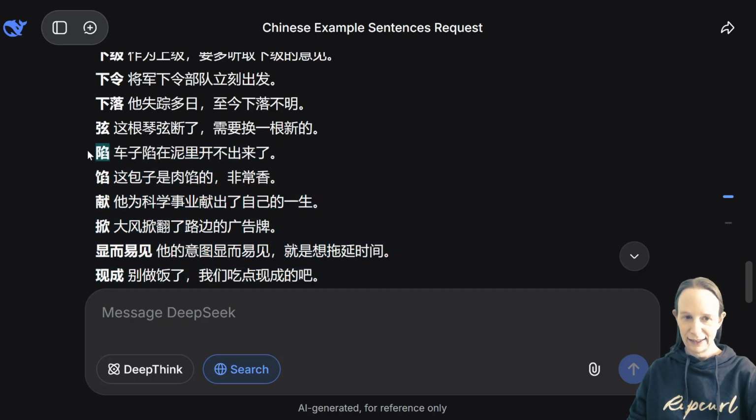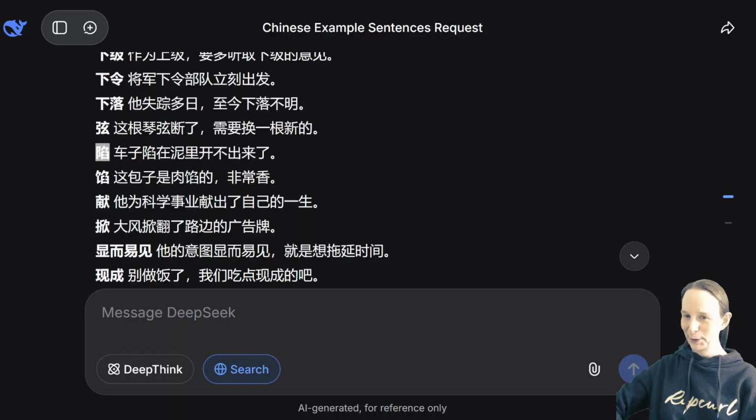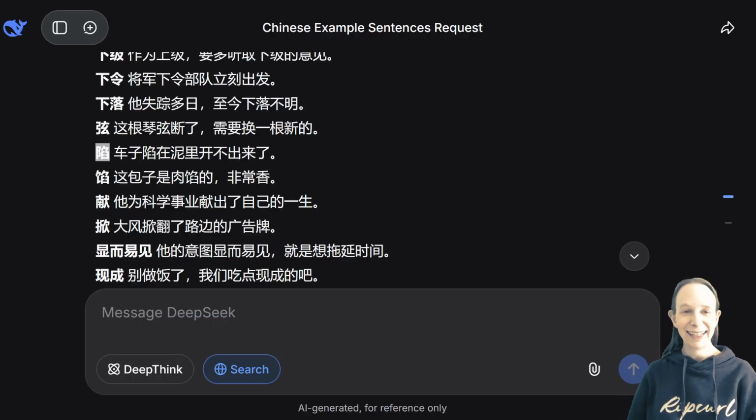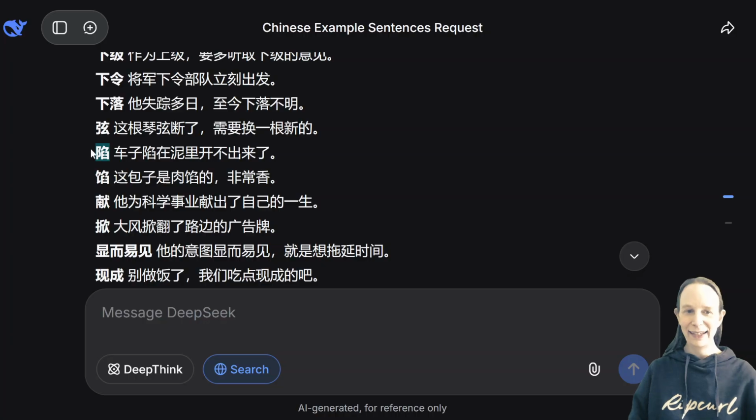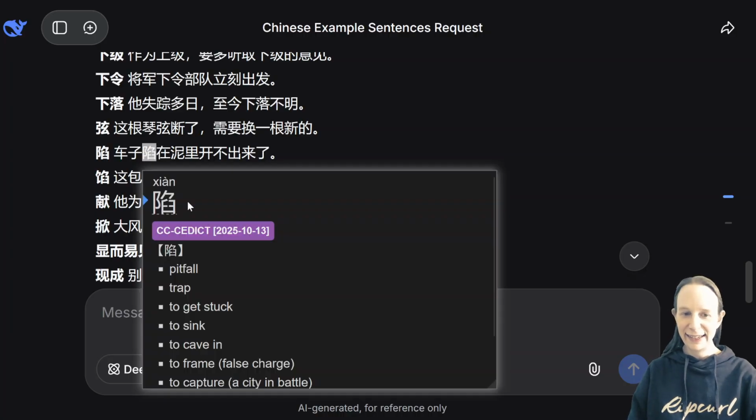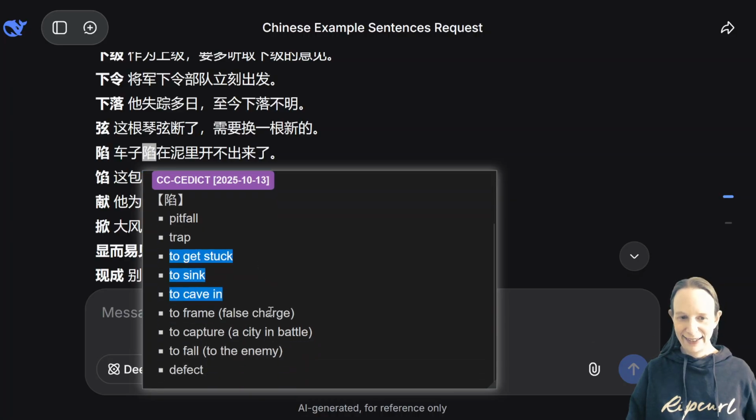陷. This 陷, fourth tone, refers to something that falls into something else. Kind of like a trap, but also like it's sunk into something. 车子陷在泥里，开不出来了. Okay, so it's sunk into the dirt, or perhaps mud in this case. Yeah, 陷. Stuck, sink.